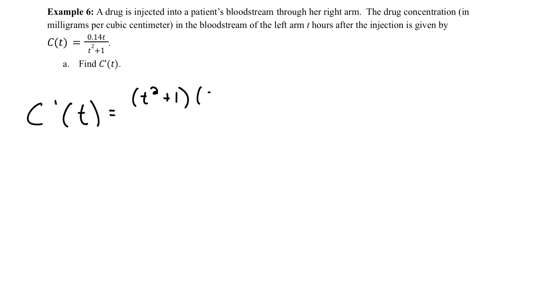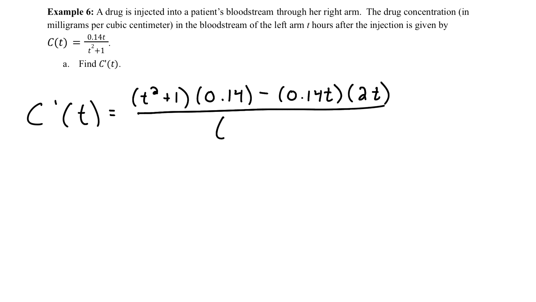Here we should just have 0.14 minus high, so here we're going to have 0.14t. D low, derivative of our denominator. Here we should have 2t. Square the bottom, t squared plus 1 quantity squared, and away we go.